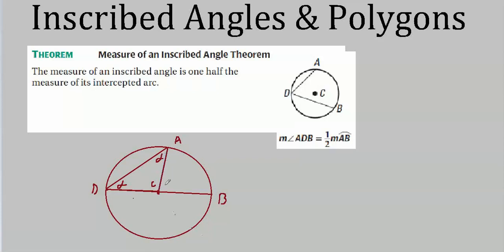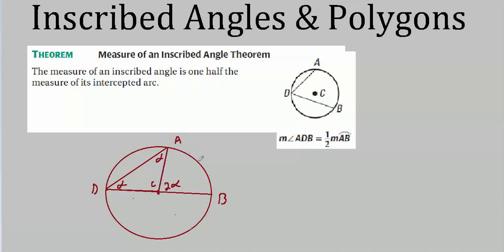Well, that's 2 alpha, right? And what was ADC, or ADB, look at it either way, it was alpha. So once again, we have that the smaller angle is exactly 1/2 of the large one. And they frequently write arc also to indicate that it's the measure of this angle here, 2 alpha.